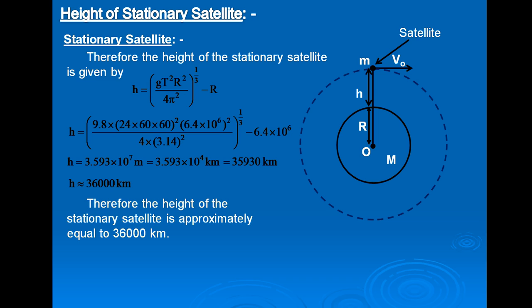Therefore, the height of the stationary satellite is approximately equal to 36,000 kilometer from the surface of the Earth. So by this formula, we can find the height of a satellite or height of a stationary satellite. So thank you very much.